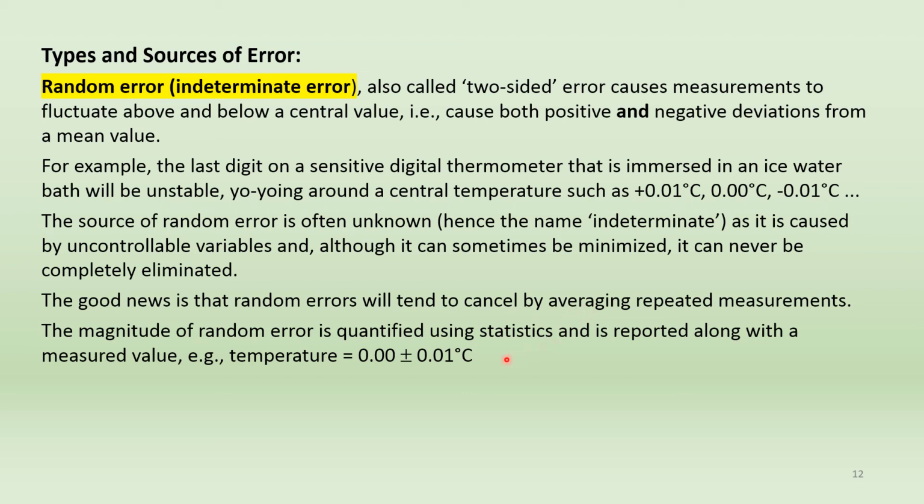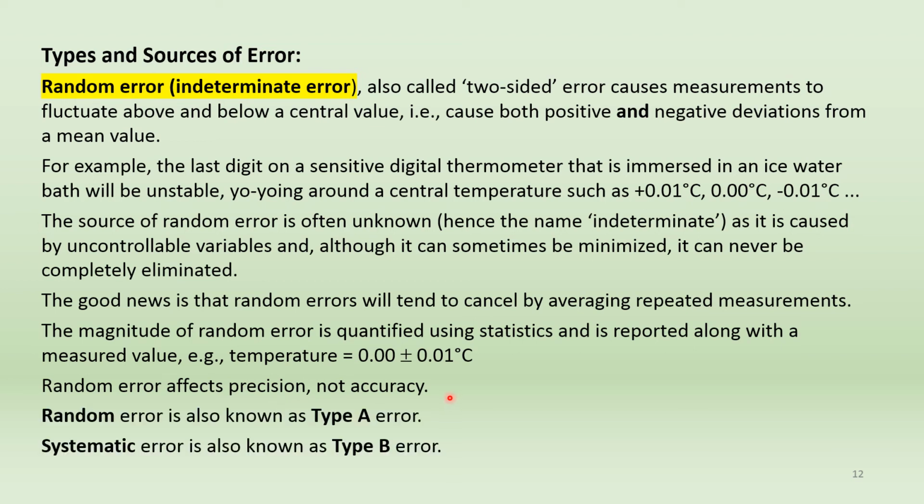For example, we would say the temperature is 0.00 plus or minus 0.01 degrees Celsius. Random error affects precision, not accuracy. Random error is also known as type A error, and systematic error is also known as type B error.